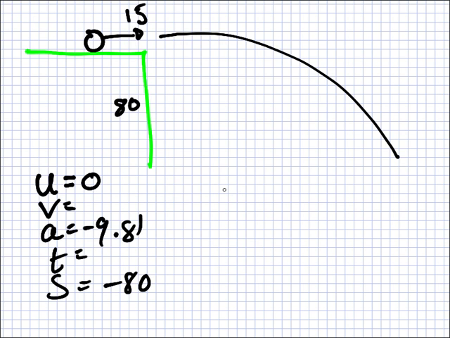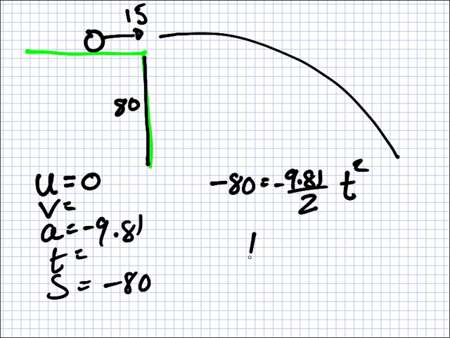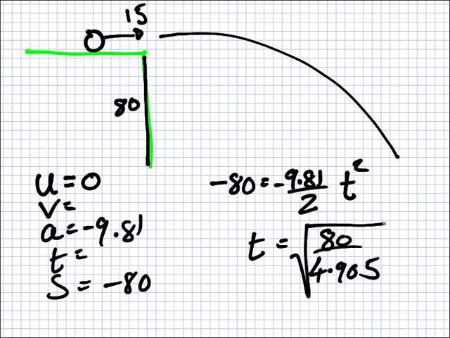V is not 50? No, I'm looking at vertical. S equals UT plus a half A T squared. So T is the square root of 80 over 4.905. What's the T?